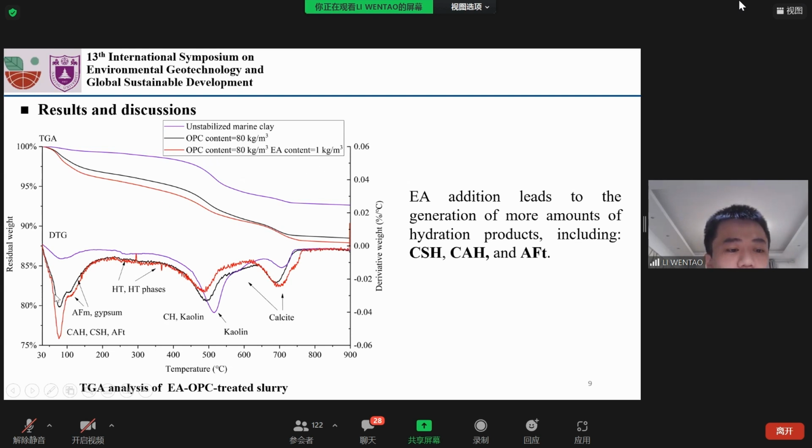As we can see from the DTG curve, the addition of expansive agent leads to higher mass loss. This indicates the generation of larger amounts of hydration products, including CSH, CAH, and ettringite. In addition, more calcite was also detected in the samples with EA addition.